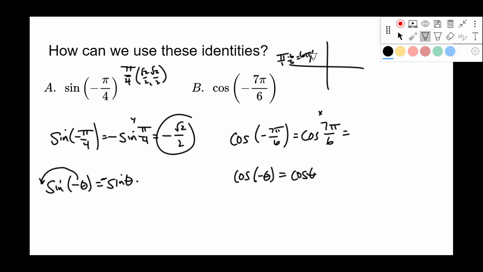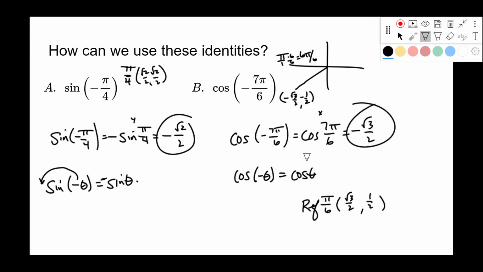This is 6 pi over 6. And then I'm going to have to go another pi over 6 forward. So that puts me here in quadrant 3. The reference angle is pi over 6. The angle at pi over 6 is root 3 over 2, 1/2. But I'm in quadrant 3, so that's negative root 3 over 2, negative 1/2. So the cosine of 7 pi over 6 is the x-coordinate. That's negative root 3 over 2.